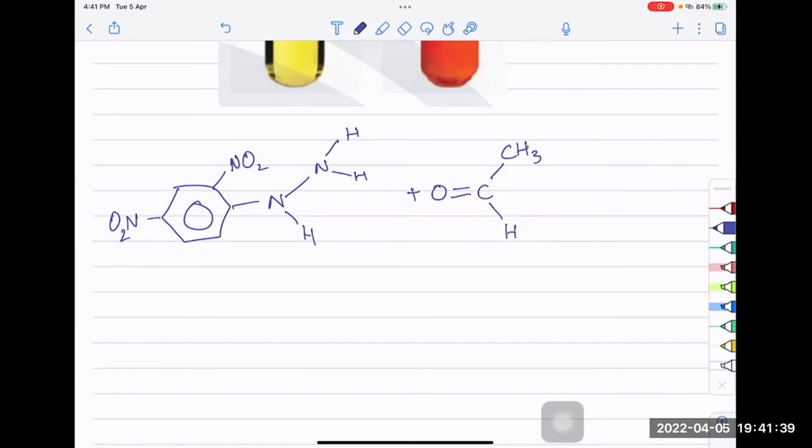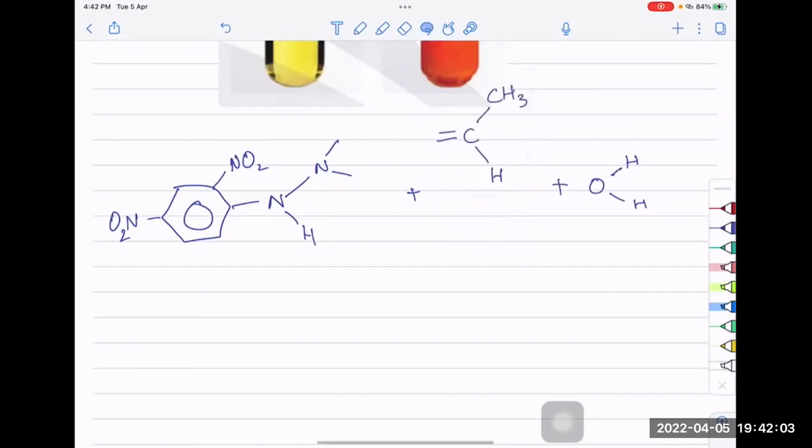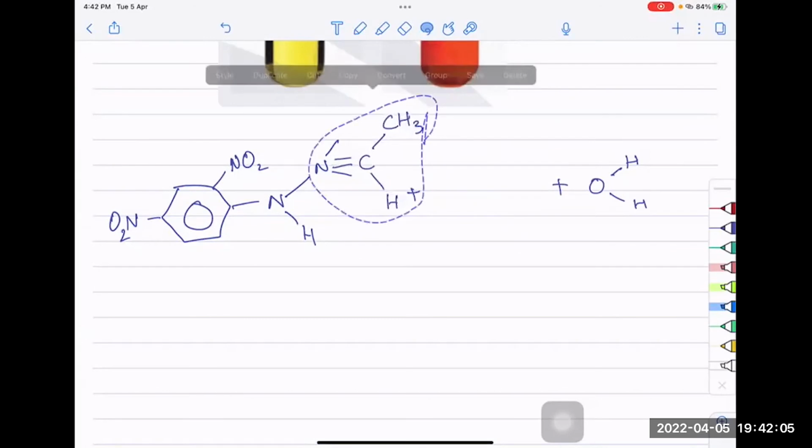This is ethanal. It has the carbonyl part and it has H as well. But that doesn't matter because these two hydrogens and this oxygen can join together and make water. So these two hydrogens will come out from here and this oxygen will come out from here and they will make water. Clear? The remaining part, we will just join together with the nitrogen.